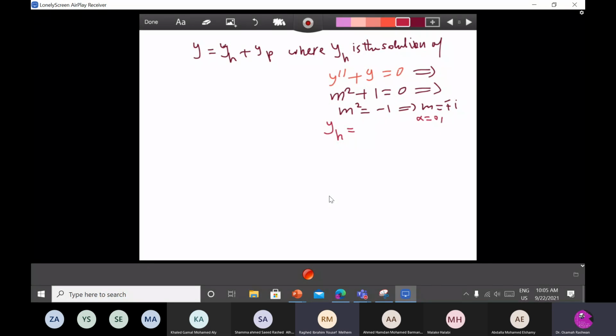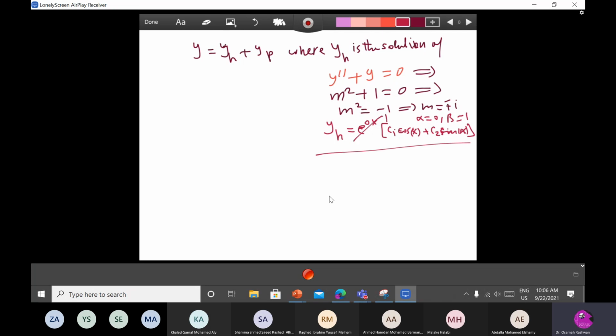Alpha equals 0 and beta equals 1, right? So the solution will be e to the 0x, and here C1 cosine x plus C2 sine x. Very good. I got the YH.